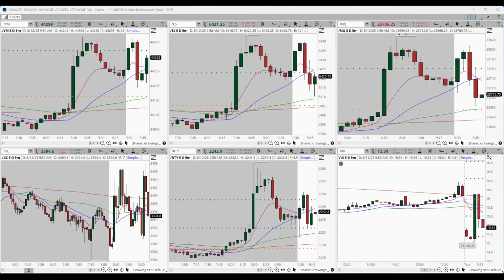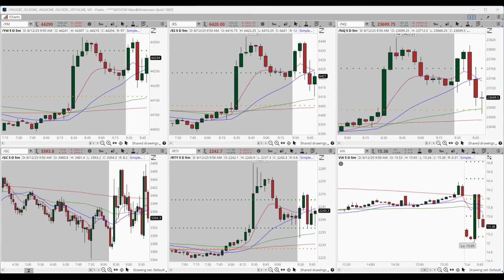Let's see here what we have back in NASDAQ. Nice recovery. And the Dow holding well.